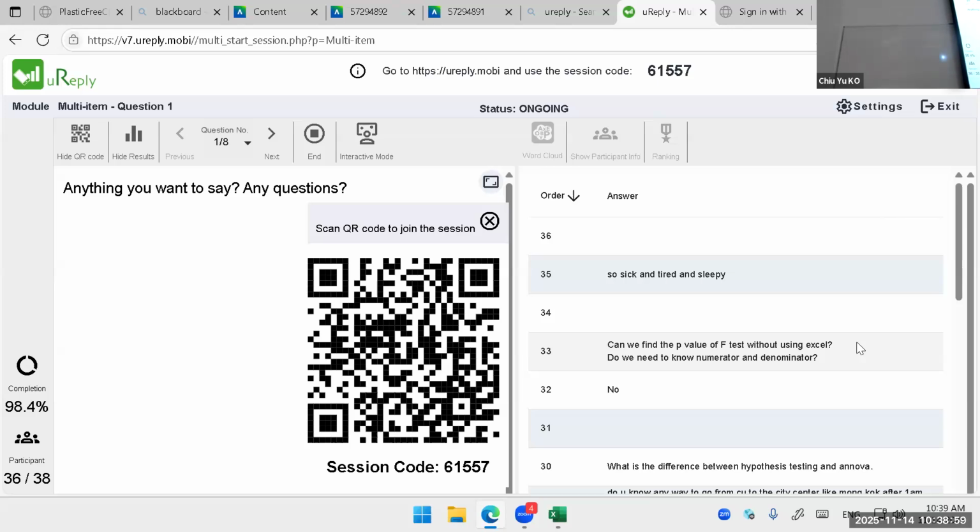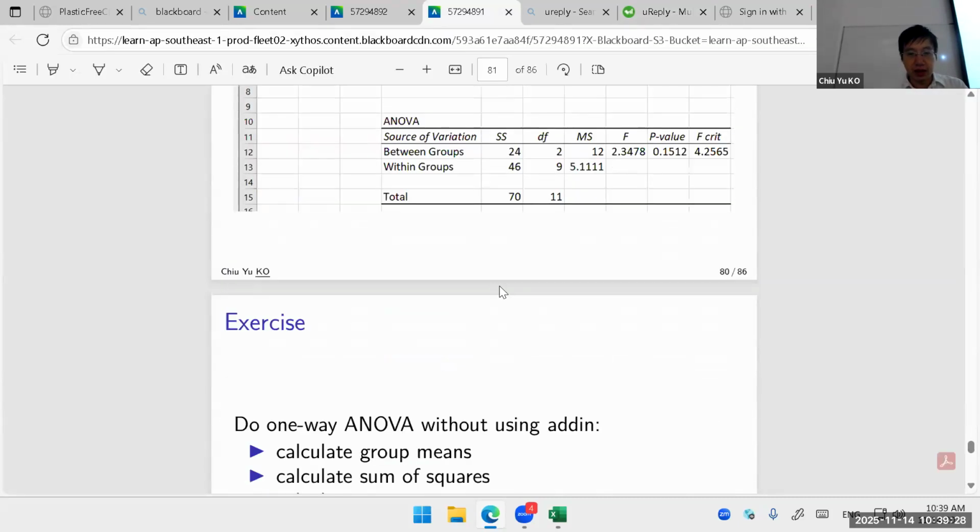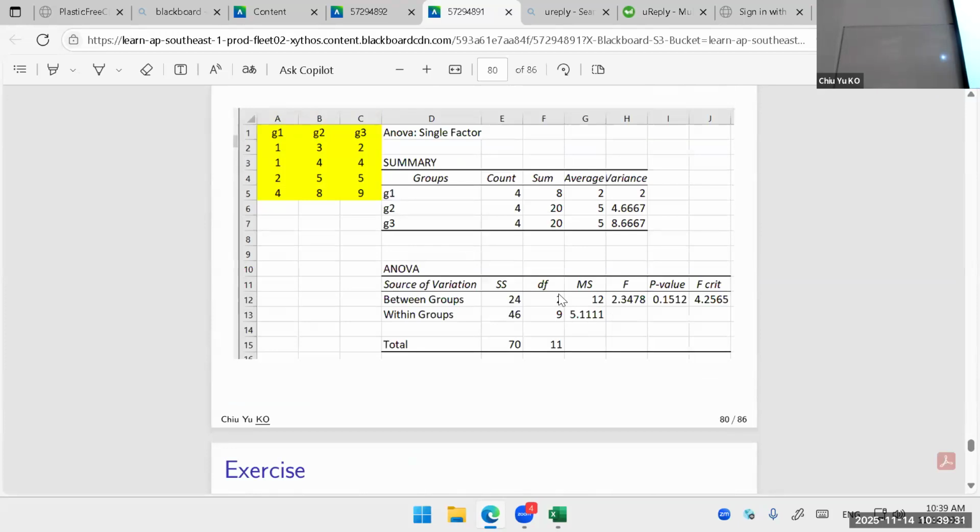In the case of ANOVA, it's C minus 1 and N minus C. And if you compare the standard F test, it's the number of samples minus 1 for the numerator and the number of samples minus 1 for the denominator, so it's N1 minus 1 and N2 minus 1. That is how you know. Just in case you forget ANOVA, here this is 2 and 9 for the numerator and denominator. So I hope you know it.